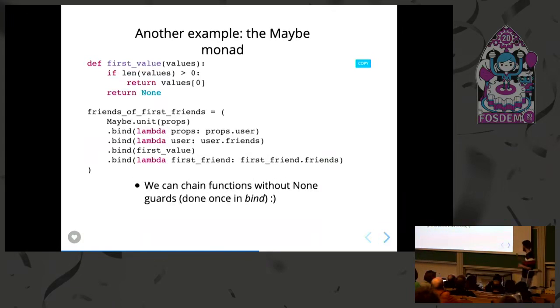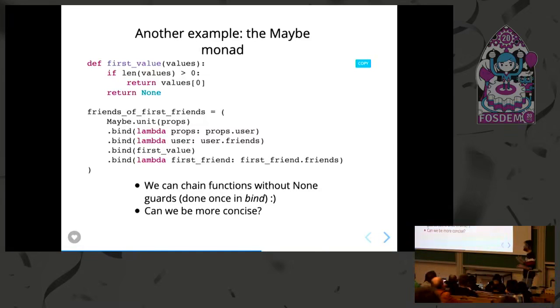So what's nice here is that we can chain functions without non-guards, because the non check is done once and for all in the maybe monad code, in the bind method.